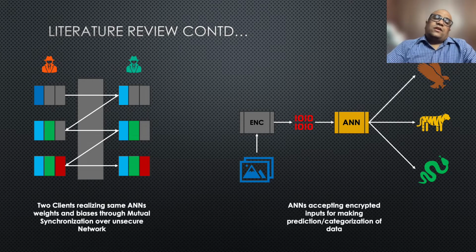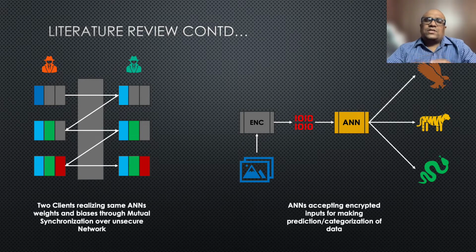And the literature review also includes mutual synchronization, where, as depicted in the first image, there are two clients which start with two random models with the same architecture, and eventually they converge by exchanging the errors. That means they give some sample inputs and outputs, and based on the errors they both converge on the weights online through mutual training, which is known as mutual synchronization.